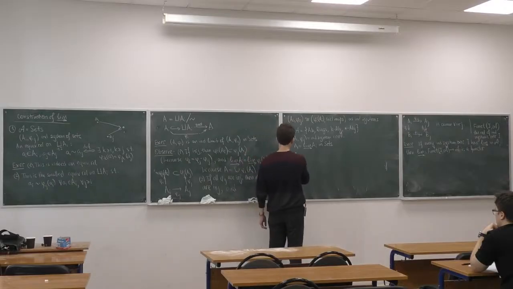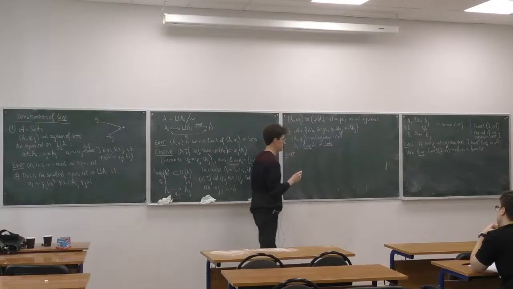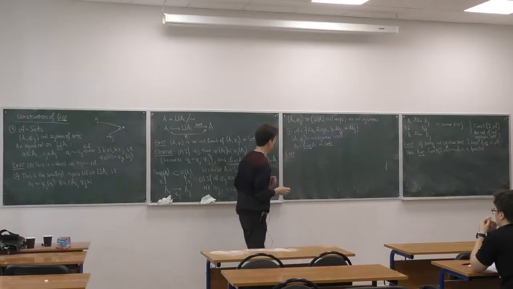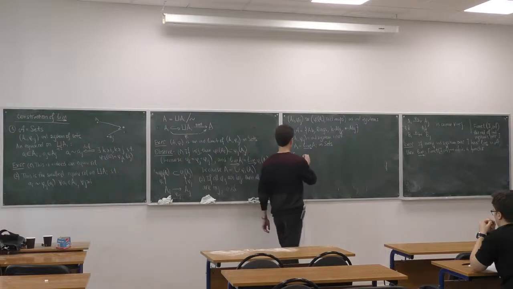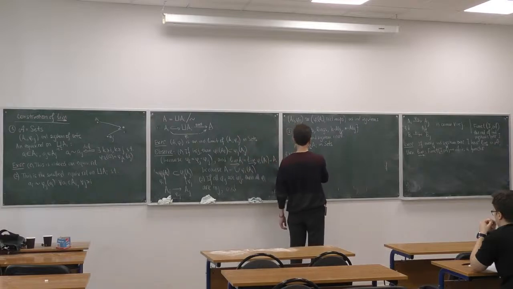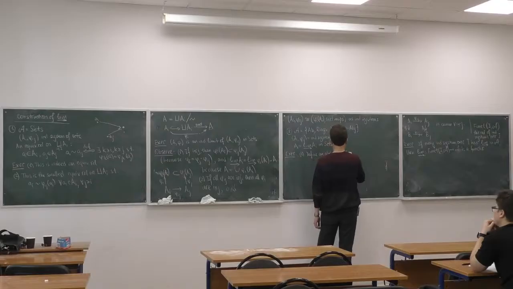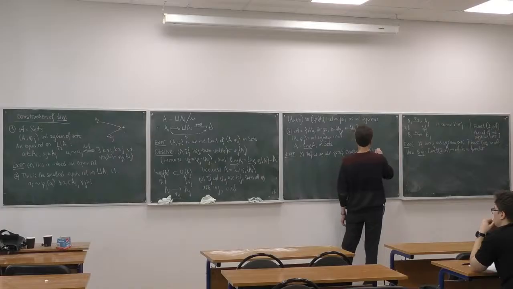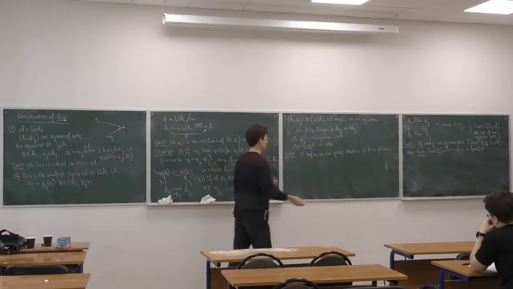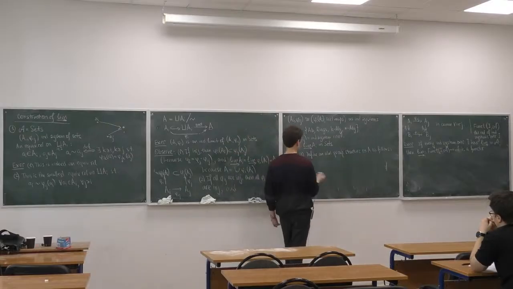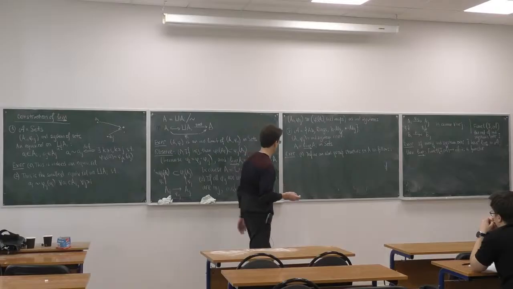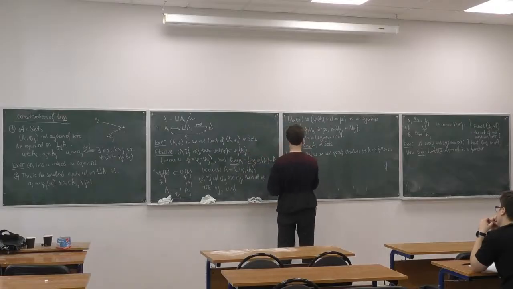And here is a rather straightforward exercise. First of all, we can make A into an abelian group. We define an abelian group structure on A as follows. If we take two elements of A, they are equivalence classes of elements of respective groups, A_i and A_j.